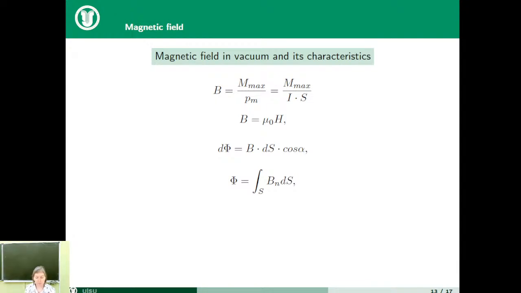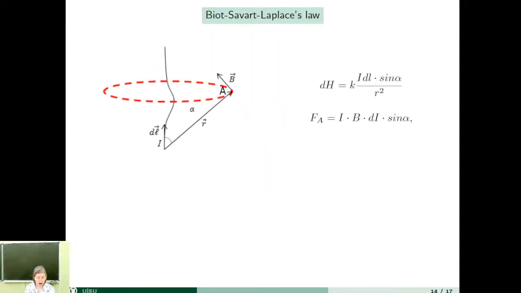Biot-Savart-Laplace law. Magnetic field intensity H generated by direct current may be defined using the law experimentally discovered by French physicists Biot and Savart in 1820 and formulated in general form by Laplace.